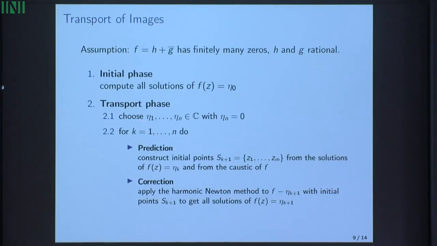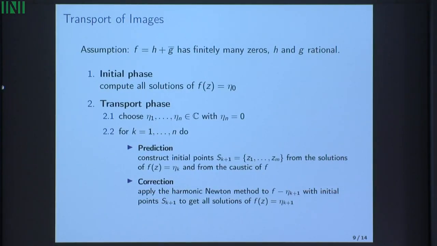We choose some right-hand sides and then go into a prediction-correction loop where from the old solutions we try to construct a set of initial points, which is then corrected by the harmonic Newton method, so by Newton's method. And of course we have to handle the case when the number of solutions changes.